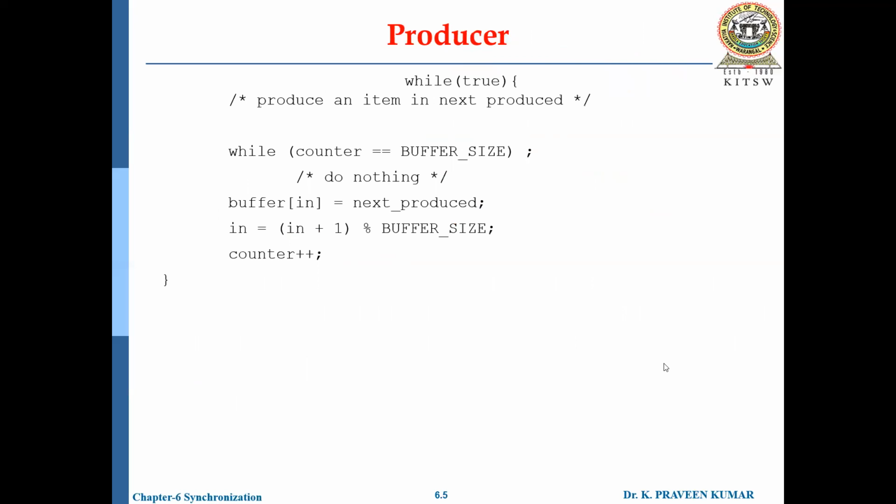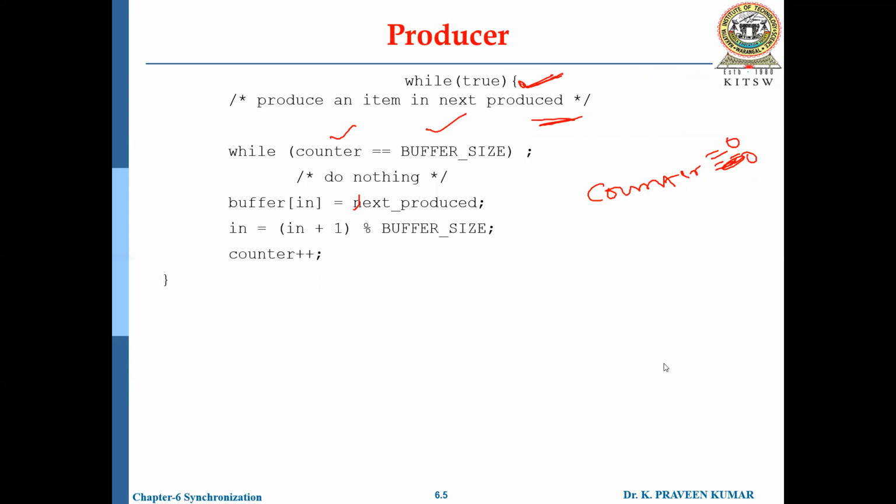We take this producer: while true, that means when you are going to produce an item in the next produced, every time, initially the counter will be set to 0. If counter is equal to buffer size, that means the consumer has not consumed anything. The producer has produced until the buffer size is reached, the entire size is filled with items, right?